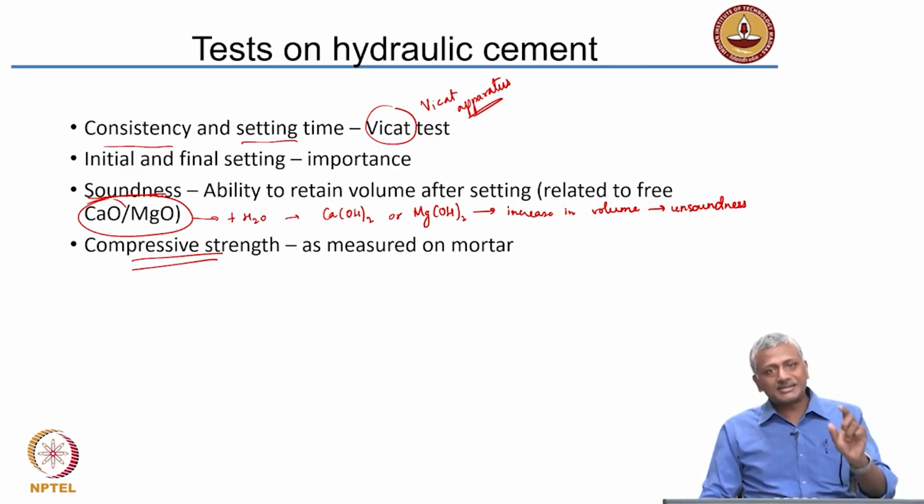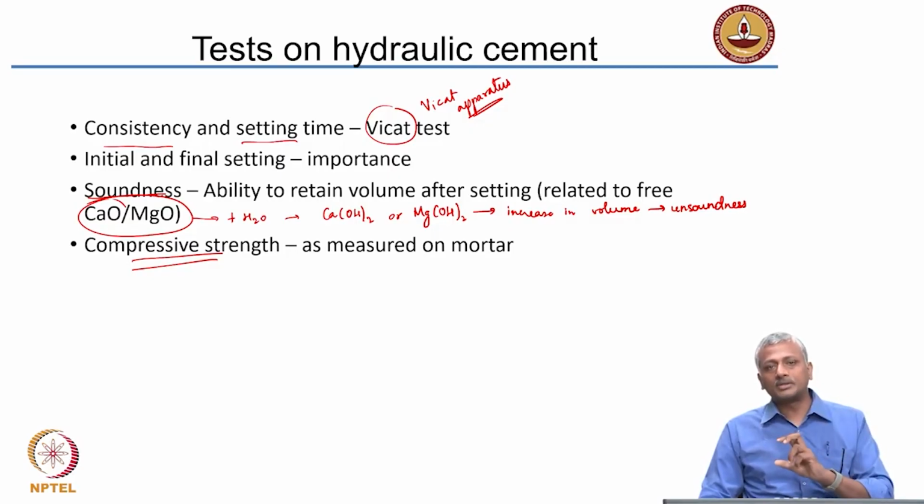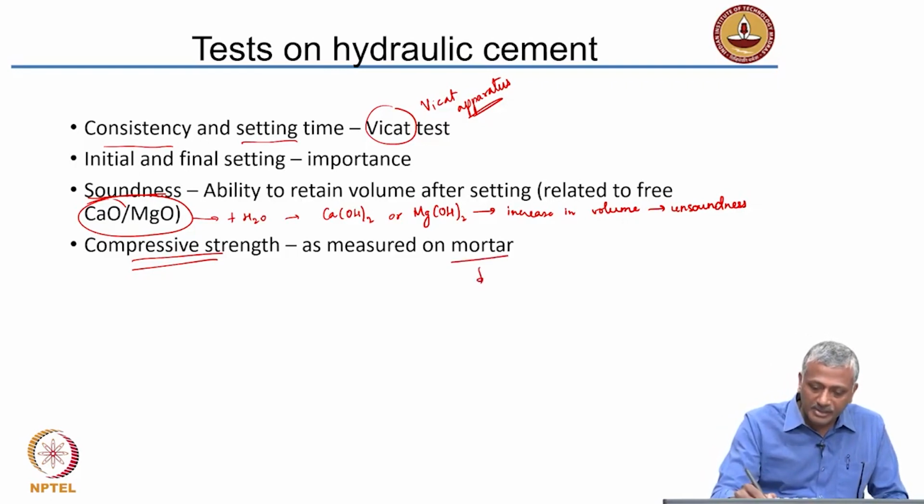But to ensure that the cement is of right quality and will produce the desired effect in concrete, we also have to test all these characteristics, and finally we also need to test the compressive strength of the concrete. Now, interestingly, the compressive strength of the cement is not measured on just a mixture of cement and water, it is measured on mortar. That means it has got some part of water, cement and the sand.